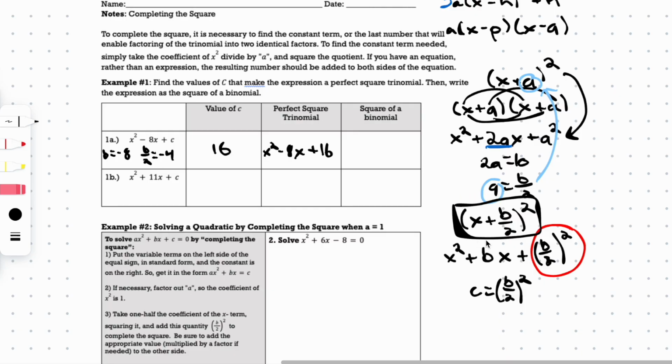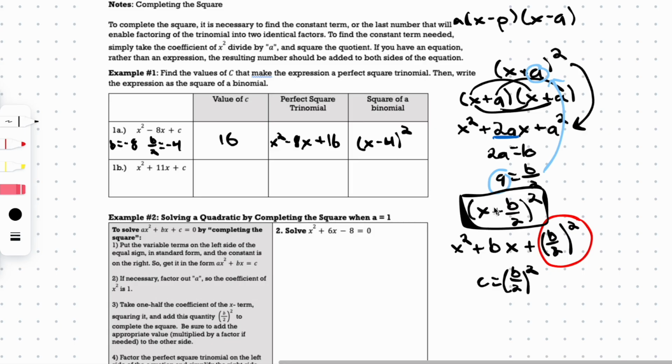We said b over 2 is -4, so I'm going to say x plus -4, which is just x minus 4 squared. Hopefully, if it's a little hard right now, we'll be going over a bunch of practice problems throughout this lecture. So don't be discouraged, let's just keep on pushing on, and I'll keep on explaining this.